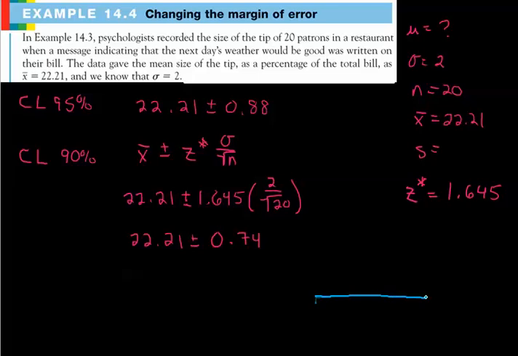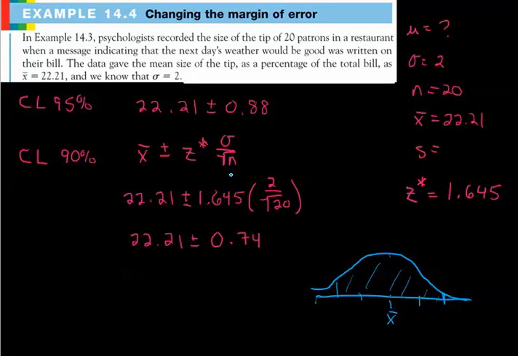Thinking about this graphically on our distribution, here's our mean. If we have a 95% confidence interval, which is about 2 standard deviations away from the mean, there's a 95% probability that our population mean falls within this bucket. However, our 90% is a smaller confidence level.